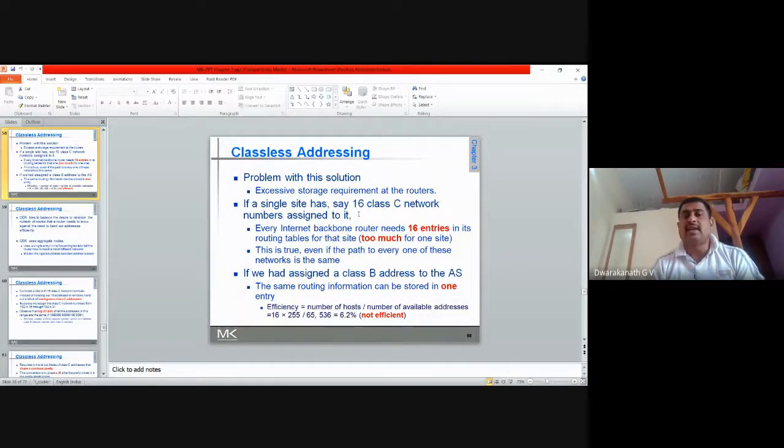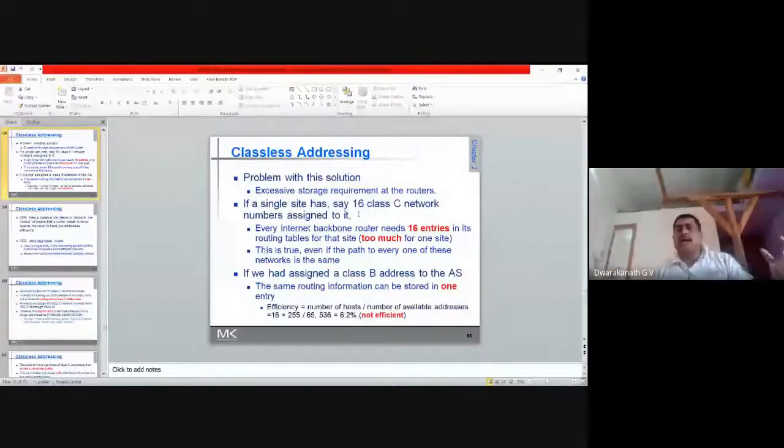If a single site has, say, 16 class C network numbers assigned to it, imagine 16 class C networks, that is 16 LANs of 256 systems, with different class C networks assigned to a router. Every internet backbone router needs 16 entries in its routing table.